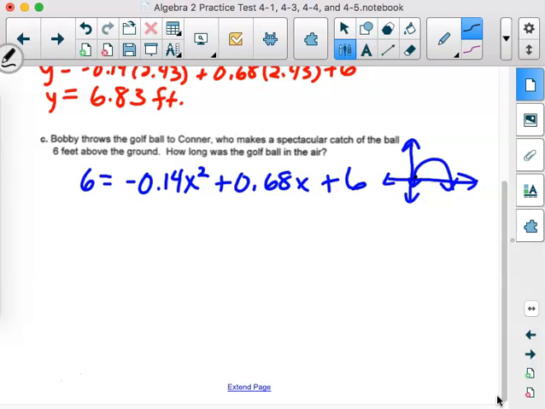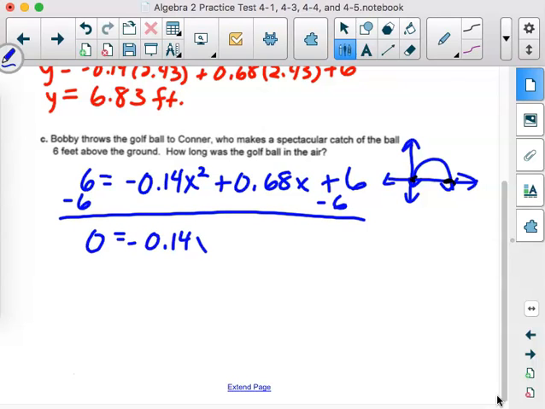And to do that, we just spent a couple of days finding the x-intercepts, which are the solutions. And solutions are zeros. Oh, I got to have a 0 on one side. I'm going to subtract 6 from both sides. Ew, it has decimals.